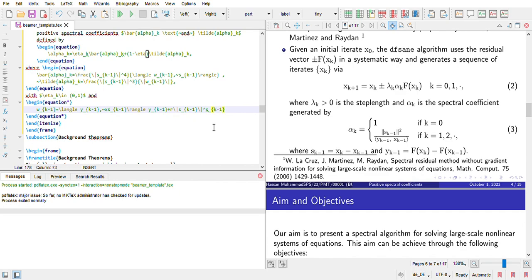So here I also need the r, backslash quad maybe, and I put r bigger than 0. r is just a real number bigger than 0.